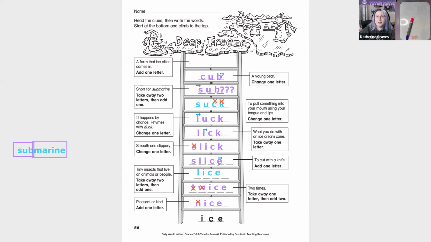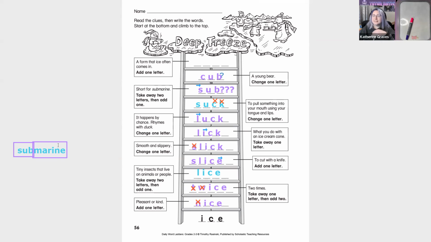How do we spell cube? Cube. Cube. I'll let you type it in.